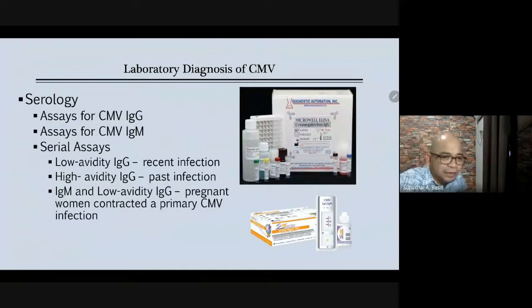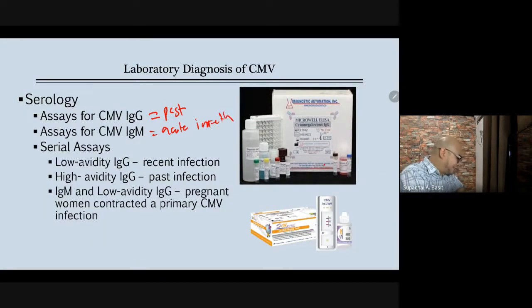So there are also serologic assays for cytomegalovirus. There are assays available for CMV IgG, CMV IgM, and the serial assays. Again, as a rule, IgG will determine past infection. IgM will determine the acute infection.